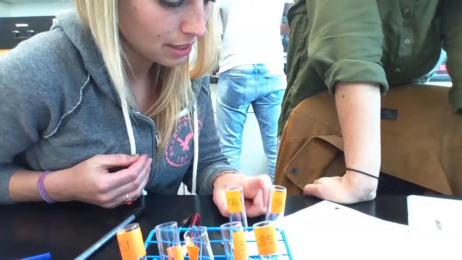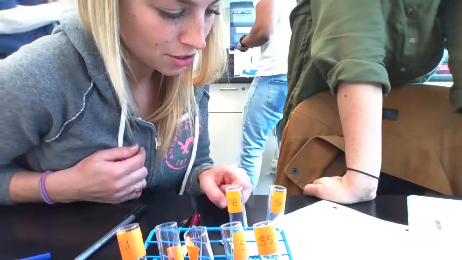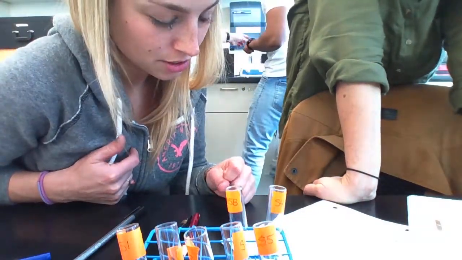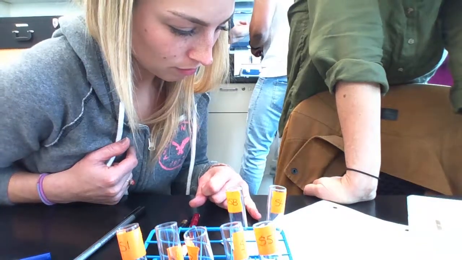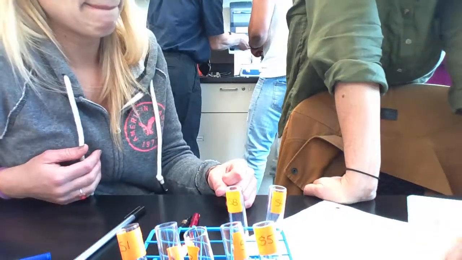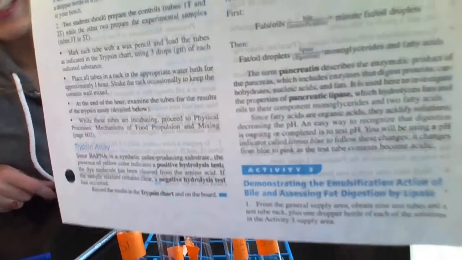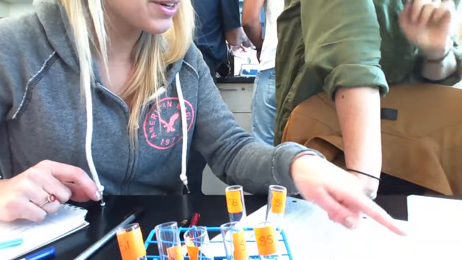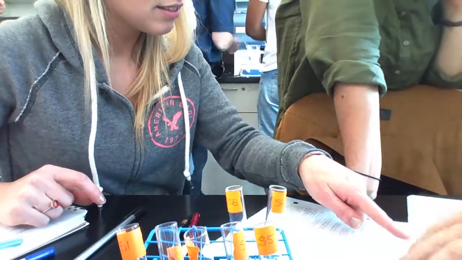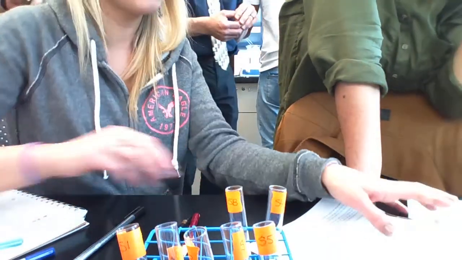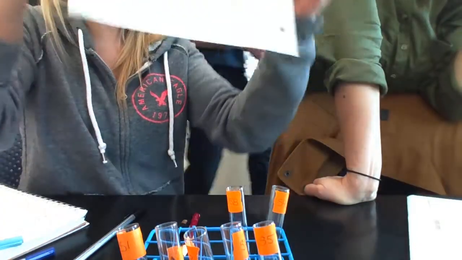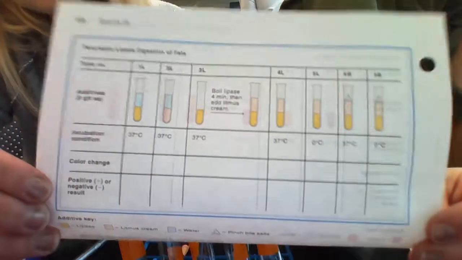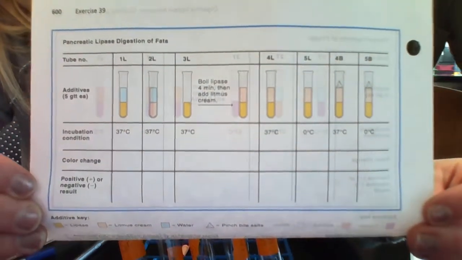Demonstrating the emulsification action of bile and assessing fat digestion. Is this what we're doing right here? Wait, digestion of protein or lipase? Ah, this one, yeah. That's where the numbers are, what we're actually doing.